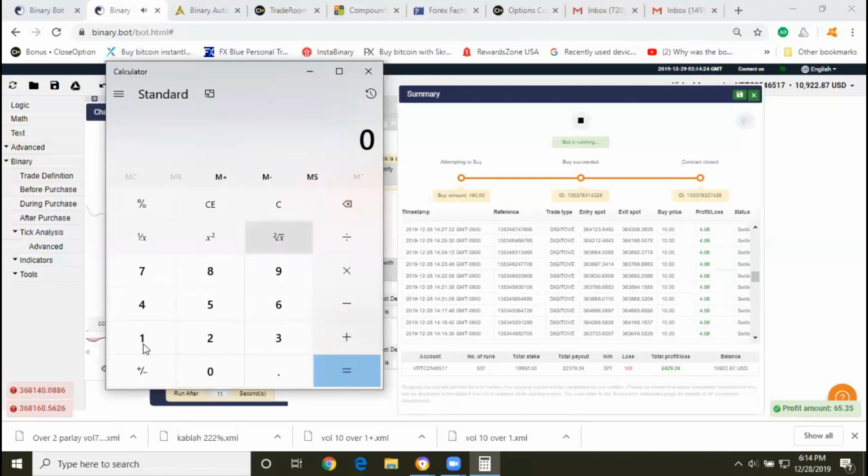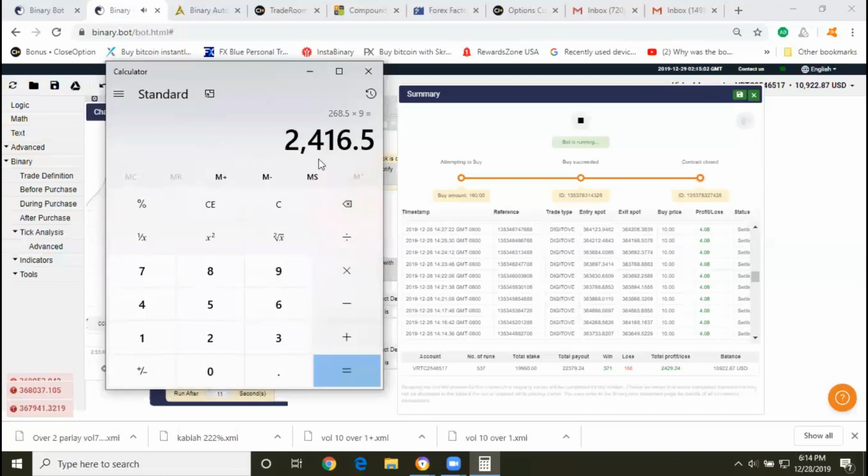And then we have 370 plus 166, so we have essentially 537 trades. The average of that divided by 2 is 268 times 5. So this win-loss ratio with this profit is pretty much like winning 268 times in a row with a profit of about $9.